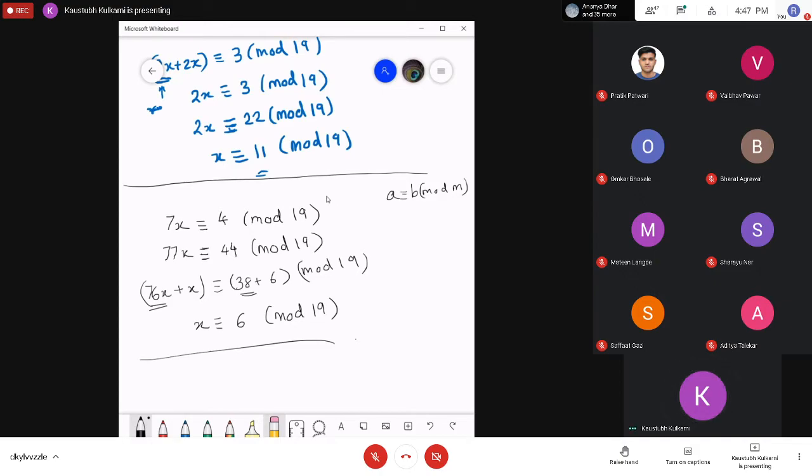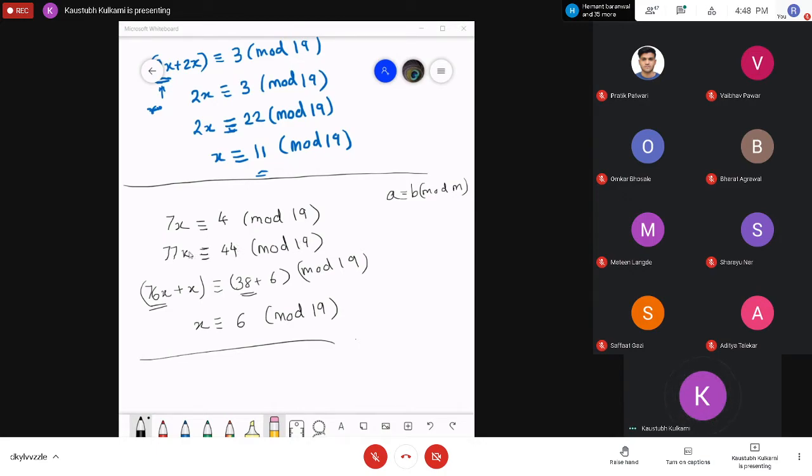Why is finding the inverse important? Because it will not affect the equation as such. Multiplying both sides by 11, which is the inverse of 7, we got 77x is 44 mod 19.